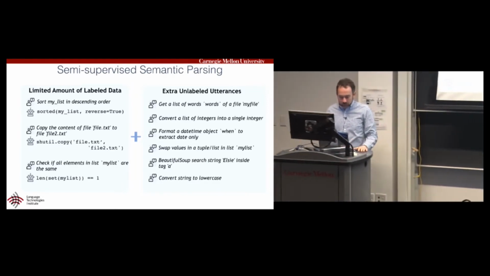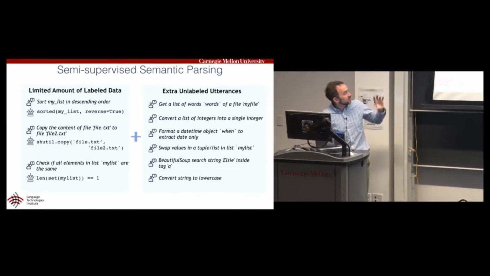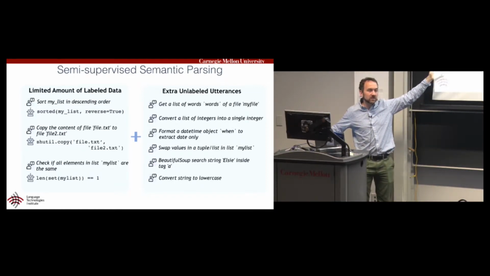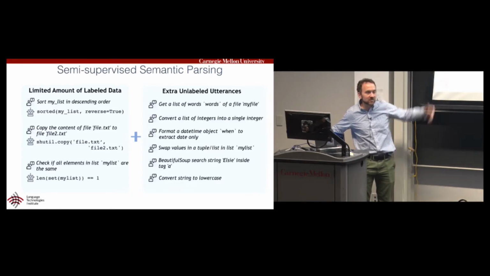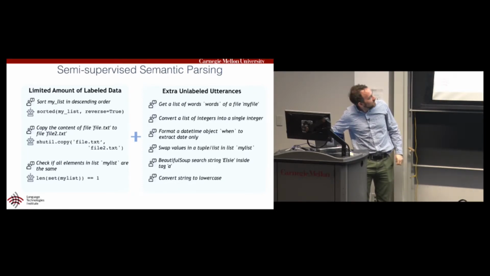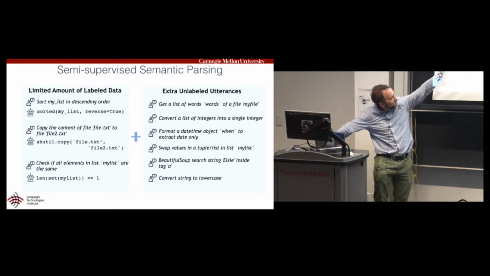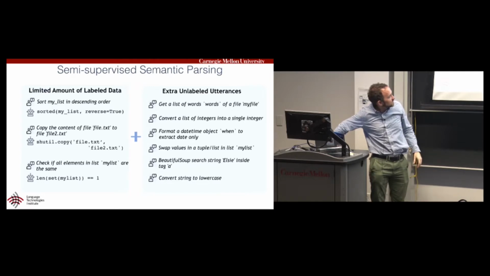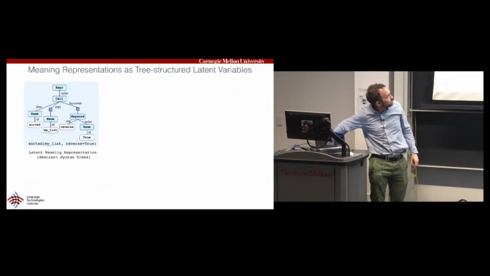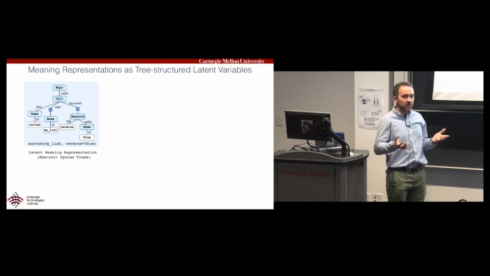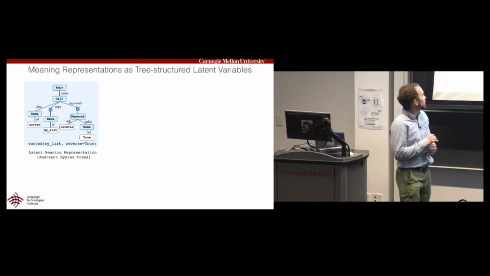And in addition, it would be really nice if we could use unlabeled code, like download all the code from GitHub or something and use this to improve our model as well. So we have labeled data where we have pairs, and then we have unlabeled data where we have just utterances and just output structure.